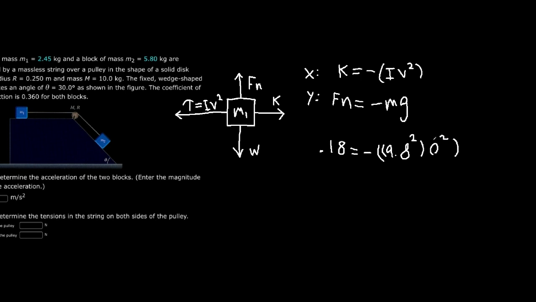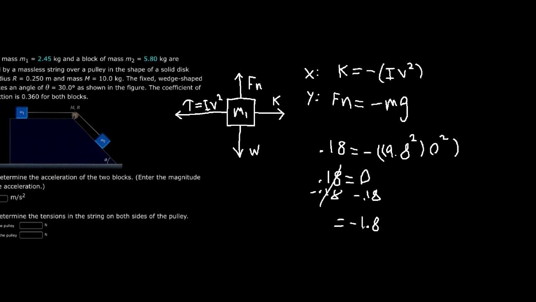So that just means we get 0.18 equals 0. We could subtract 0.18 from both sides.